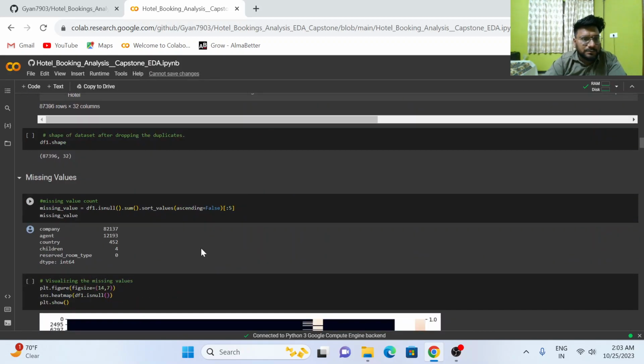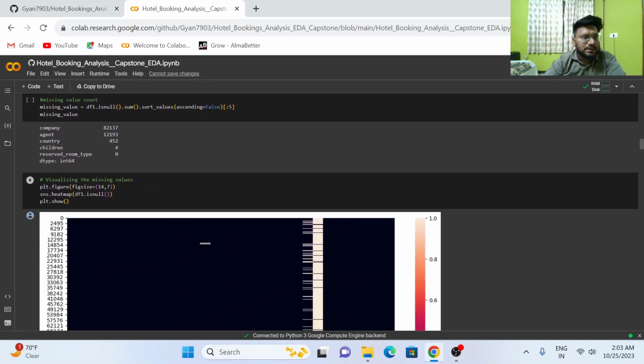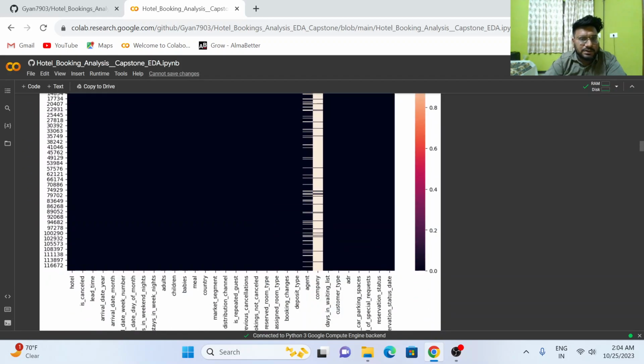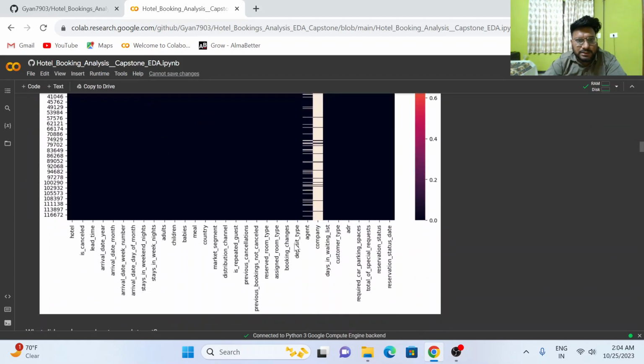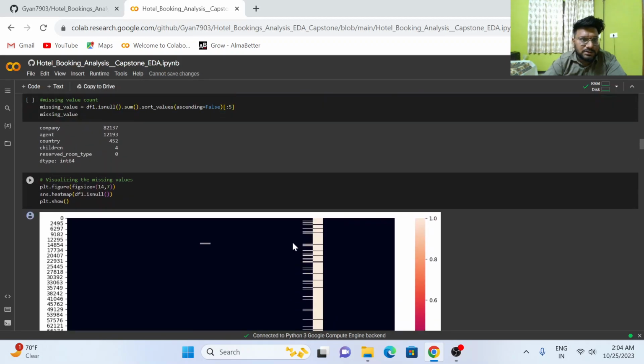Now moving forward, we'll look into the null values or the missing values. We will use isnull and find out in which of the columns the null values are there, and if yes, how many null values there are. If you want to visualize all the null values, here we can visualize them. As you can see, the company and the agent columns have the most null values.